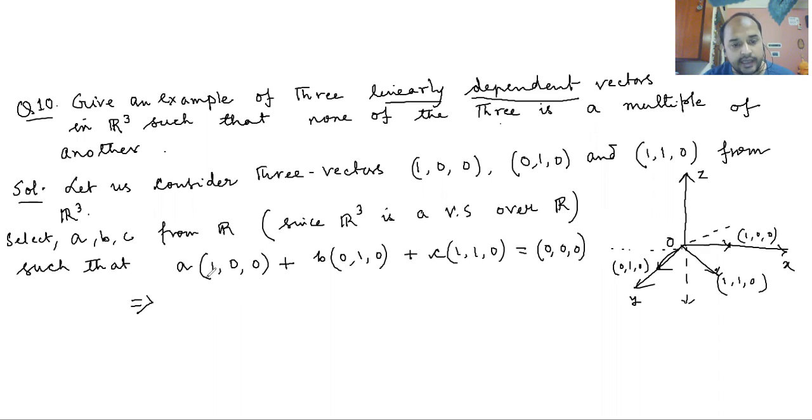So from this we are getting (A, 0, 0) plus (0, B, 0) plus (C, C, 0).